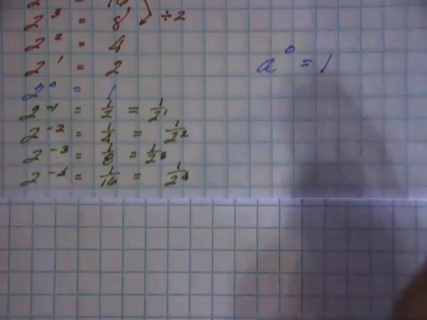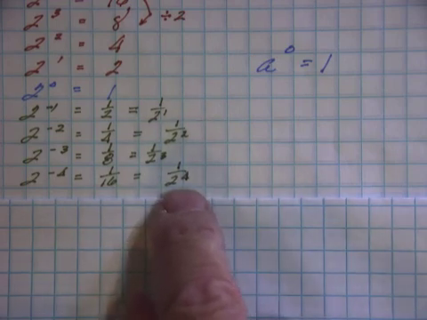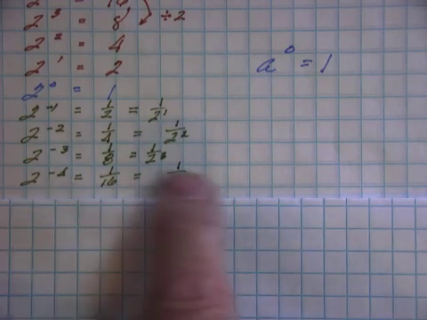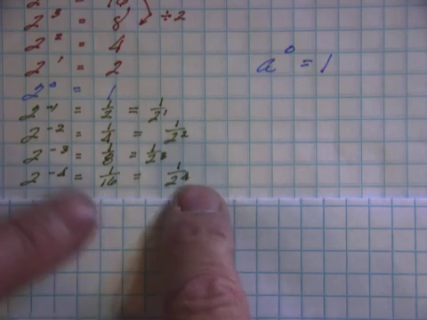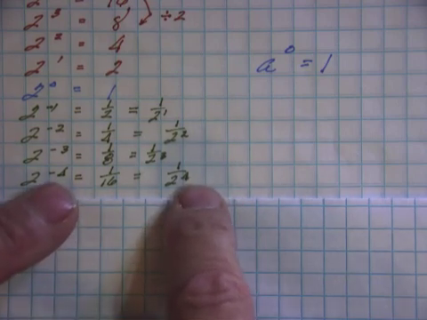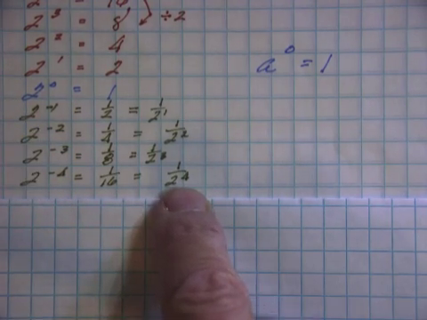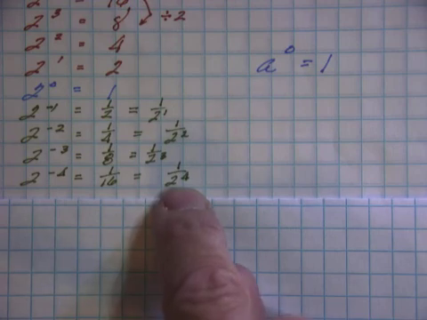And I can rewrite 1/16 as 1 over 2 to the fourth power. Now what I want you to notice is that the exponents on these match up with the original exponent, except it has a different sign. So 2 to the negative 4 is 1 over 2 to the positive 4.